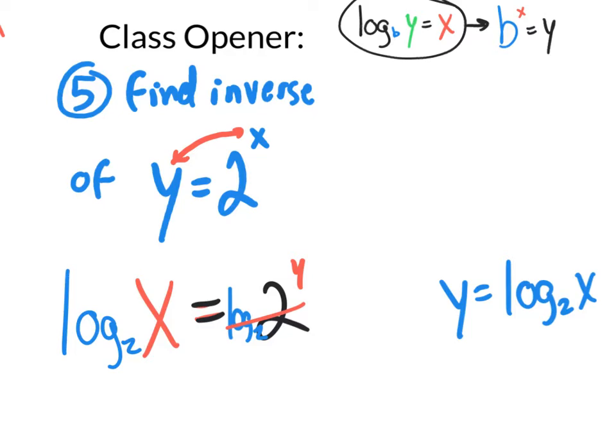Check this out, guys. If I take y equals log base 2 of x, and if I take a finger and cover up this log, it kind of looks like y equals 2 to the x.